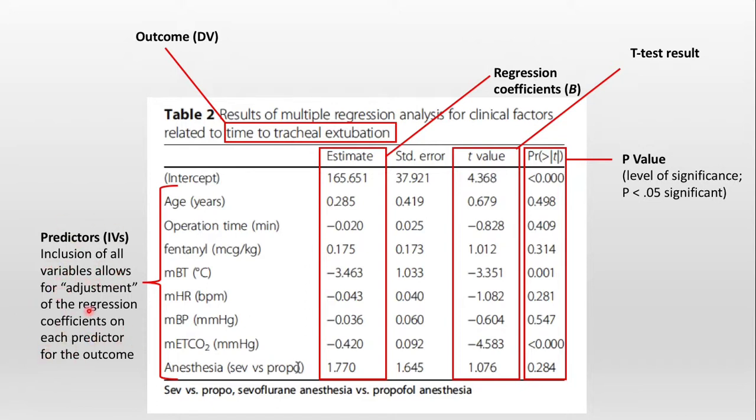Inclusion of all variables allows for adjustment of the regression coefficients on each predictor for the outcome of interest. Okay. Here we see the parameter estimates, and then their t-values and their associated level of significance. So these would be our beta coefficients. This would be our intercept, and these would be our coefficients here that they included in their model.